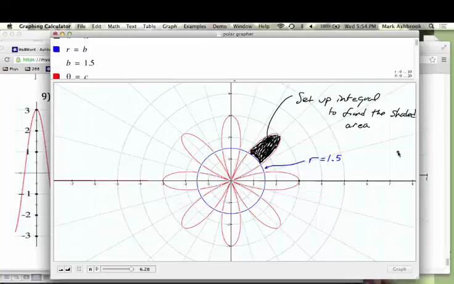Do we just set the angles? You have to set them up. So the area of one petal, and then the area of that shaded region.